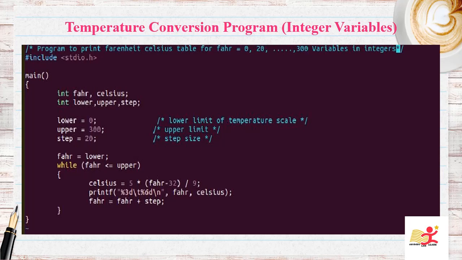So %3d in the first position corresponds to the variable fahr, which is an integer, and %6d in the second position corresponds to the integer variable celsius. Each percent construction in the first argument of printf is paired with the corresponding second argument, third argument, etc. And printf is just a useful function from the standard library of functions, normally accessible to all C programs.